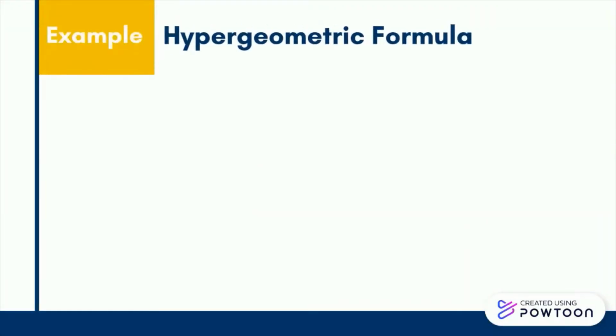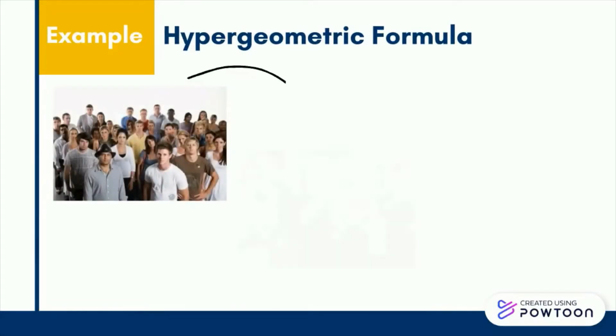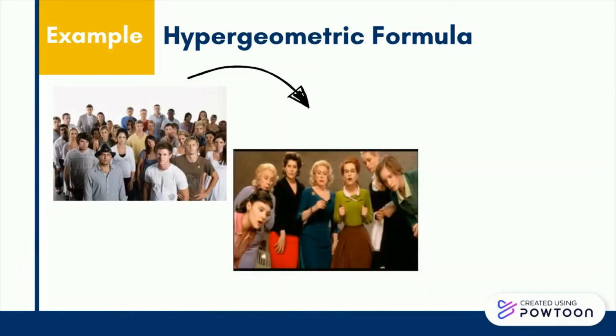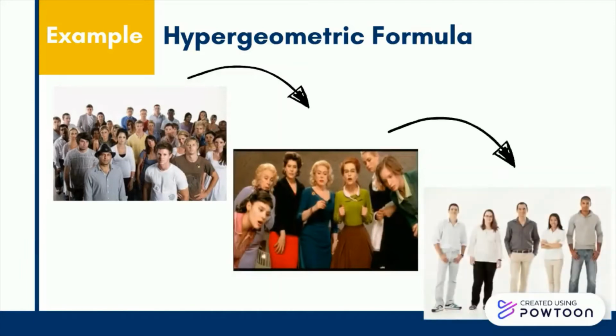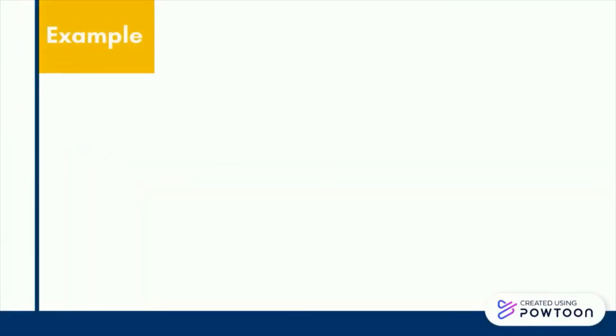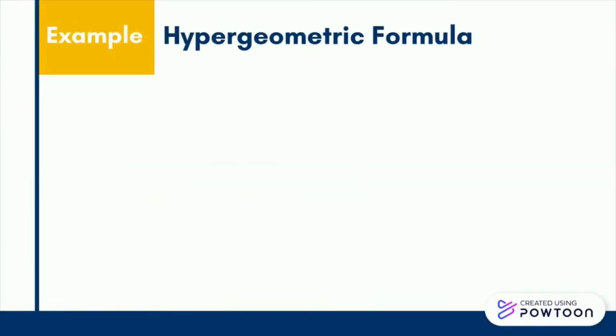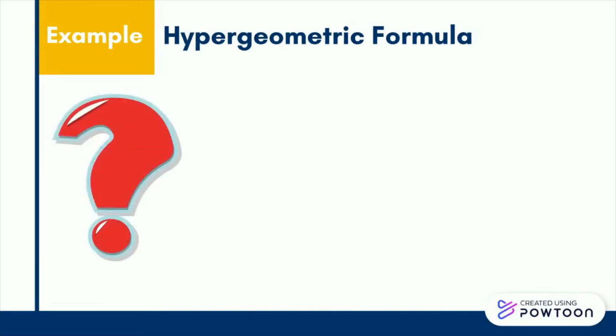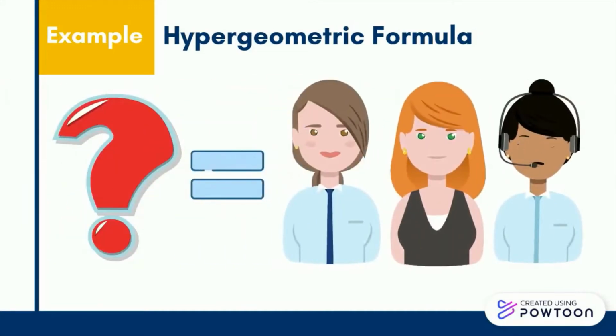To continue with the example, there were 24 people, of whom 8 are women, who apply for a job. If 5 of the applicants are sampled randomly, what is the probability that exactly 3 of those sampled are women? In the given example, we are looking for the probability that 3 of those sampled are women.